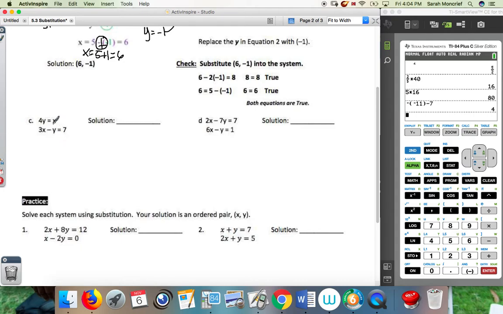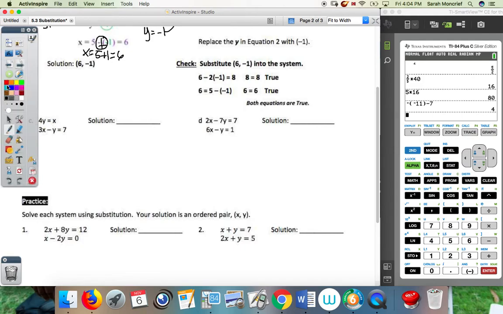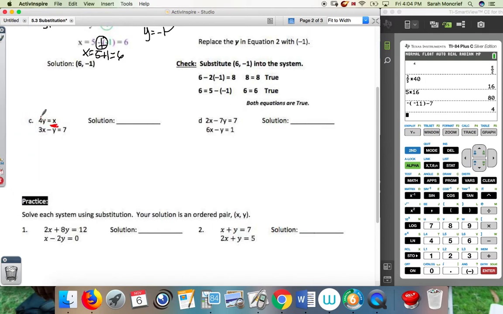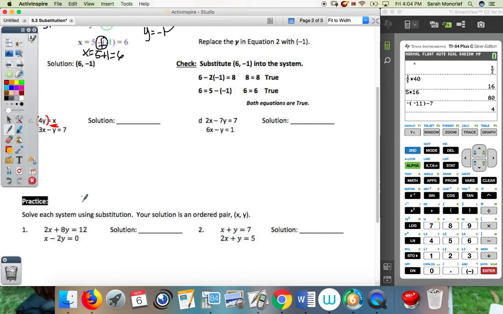First question you need to ask yourself: do we have a variable that is by its lonesome? I see a variable that's by itself. Which one is it? X! X is by itself. So wherever we see x, we can now plug in the other equation. We can now plug in 4y.